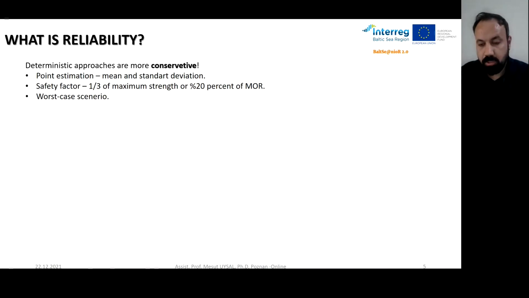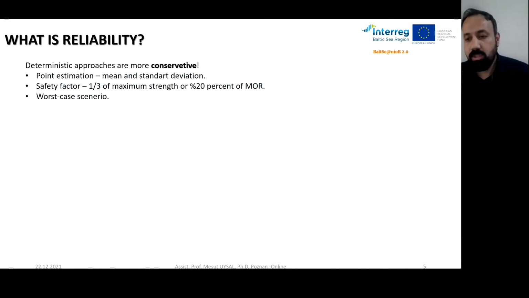It should be just 1/3 of the maximum strength or 20% of the modulus of rupture. We can use that, but they are still deterministic approaches. They estimate only one variable or one result.